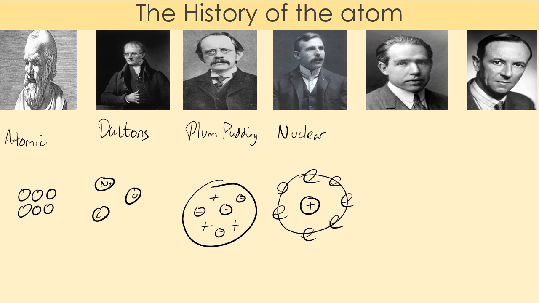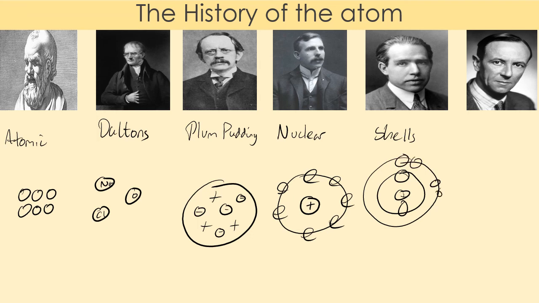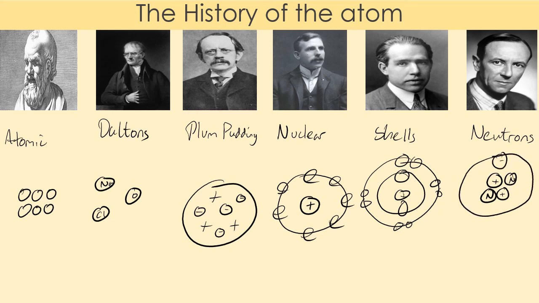We then moved on to Niels Bohr, who improved the nuclear model by having energy shells for our electrons. And we have our nucleus, and then we have 2 electrons, and then our next 8 electrons, and so on. Finally, we moved on to Chadwick, who discovered our neutrons and found out that we had our positive protons in the middle and our neutrally charged neutrons as well, along with our negative electrons orbiting the outside.